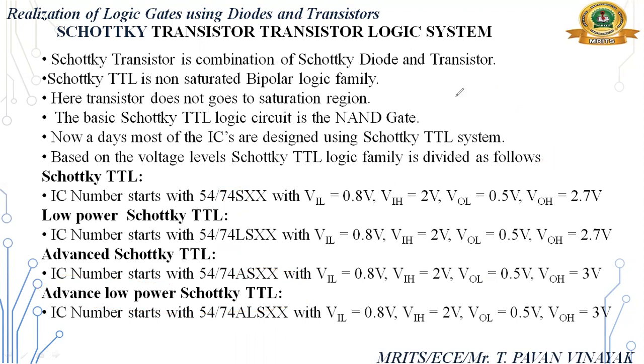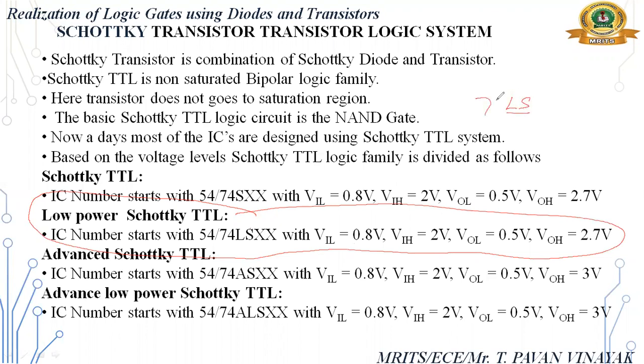In lab, we mostly use low power Schottky TTL, LS. The IC numbers we mostly use are 74LS38, 74LS08, 74LS32, 74LS138.